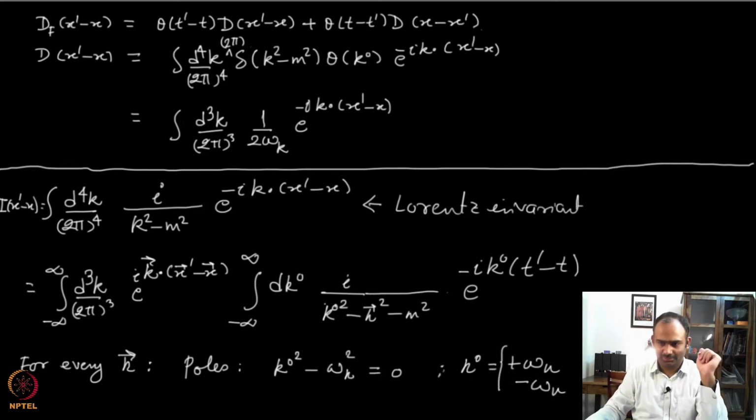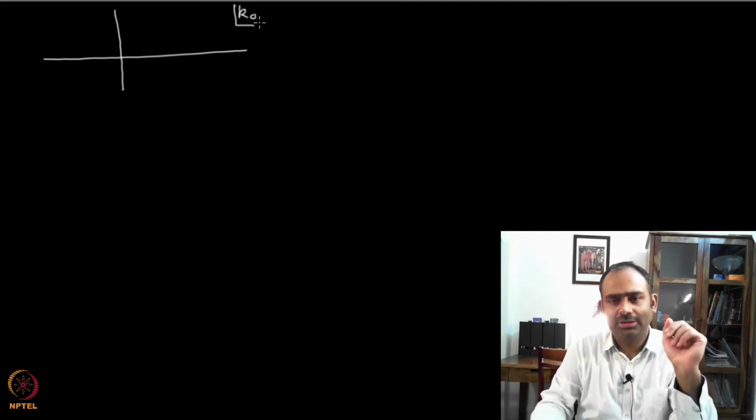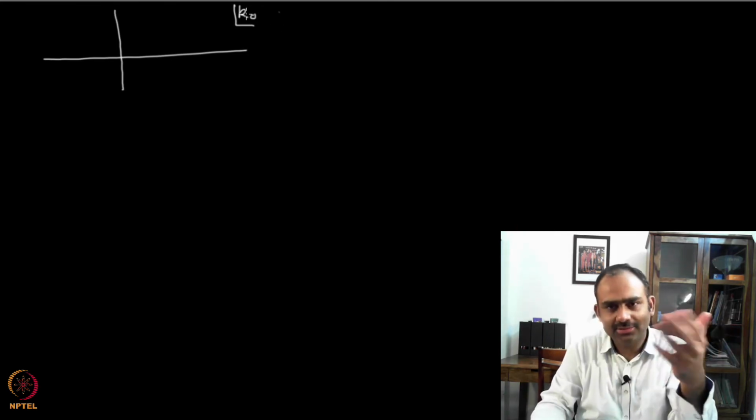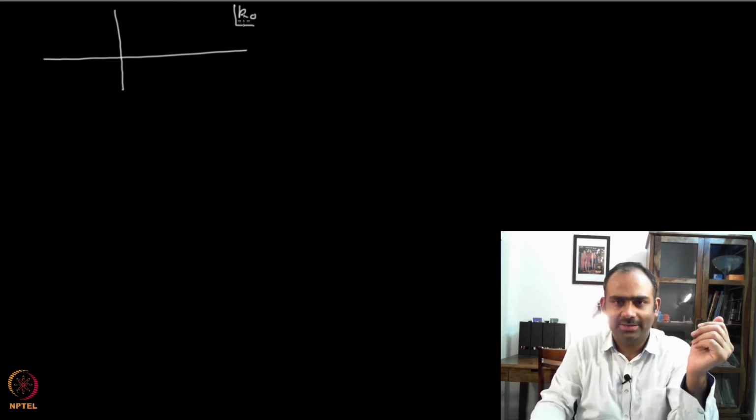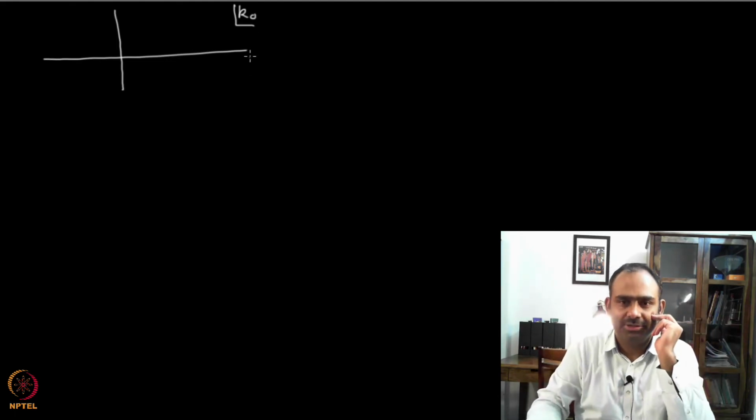These are the locations of the poles. So let us see. Here I write k0. This is the standard way of denoting the complex plane. When I write k0 like this, I mean the complex plane of k0. So here on this axis you have real k0, and here you have imaginary k0.